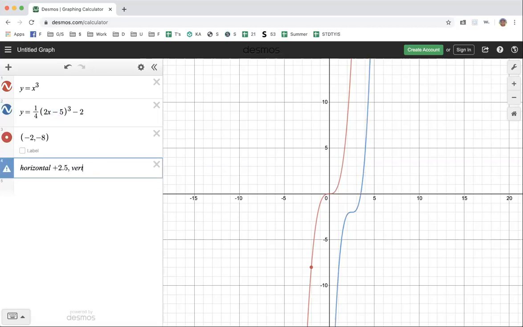Vertical shift is -2. Vertical stretch 1/4. Let me write this in another box. So again, this makes it look like it's wider, but it's actually narrower. Horizontal, we'll call it compress by 1/2.